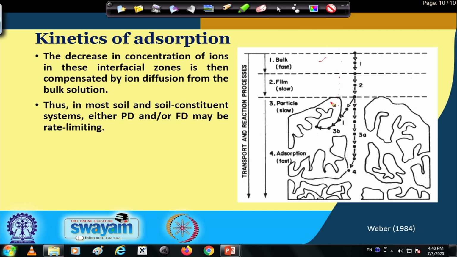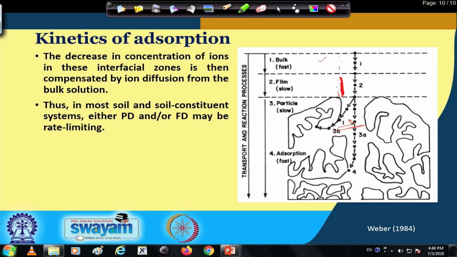Now, thus ions will diffuse to maintain the concentration of the film as well as the interparticle liquid phase. So, in most soil and soil constituent systems, either this particle diffusion, or film diffusion, may be the rate limiting factor.